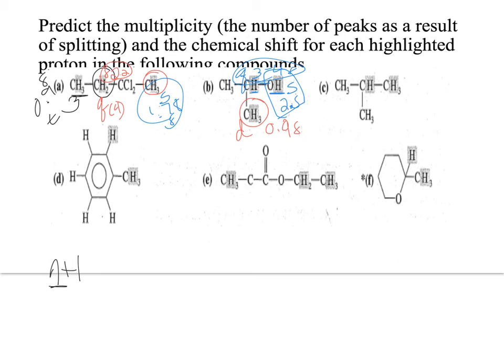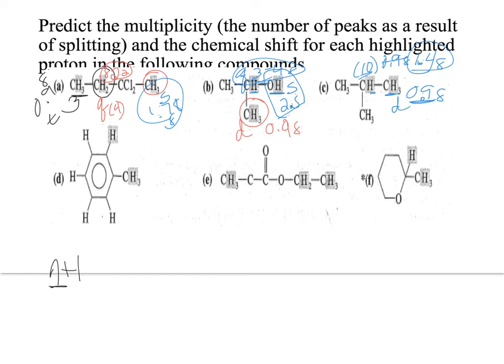All right, so going over to C, this one has 3, 6, 9 neighbors. That's going to be like a major multiplet. You're going to have 10 peaks, and that's actually about a 1.4 because it's a methyne rather than a methyl. And then the methyls are going to be 0.9 chemical shifts, and this only has 1 neighbor, so it's going to be a doublet.